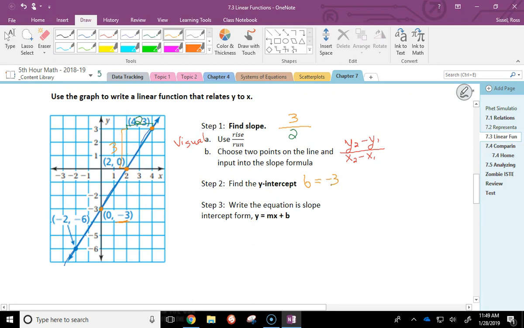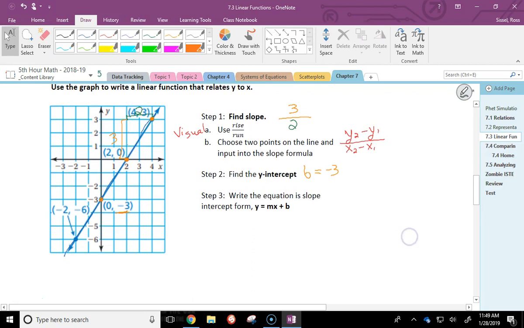The last part, which should be the easiest part now, is write our equation. So I use y equals mx plus b, and I say y equals, slope was 3/2, x, b was -3. And we get our equation.